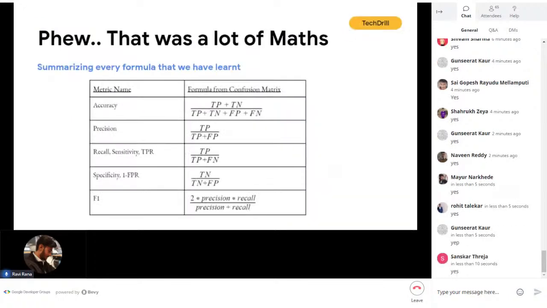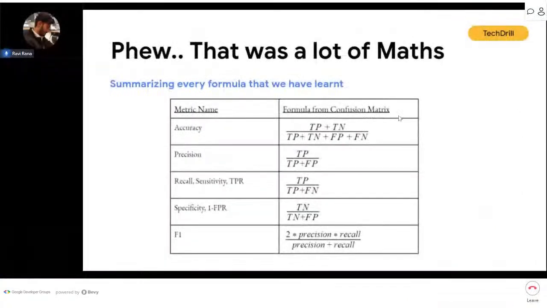Okay, so that was a lot of maths. That was actually a lot of mathematics. Let's summarize what all these formulas were. The formula for accuracy, as you can see here, is the sum of true positives and true negatives upon the total. Precision is the correctly predicted values upon the total predicted positive values.